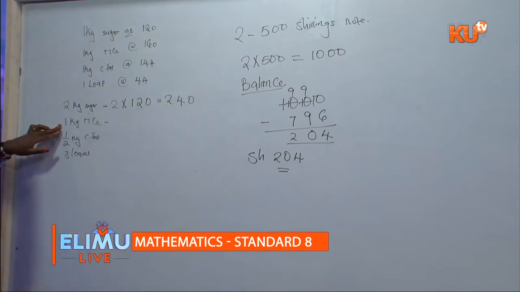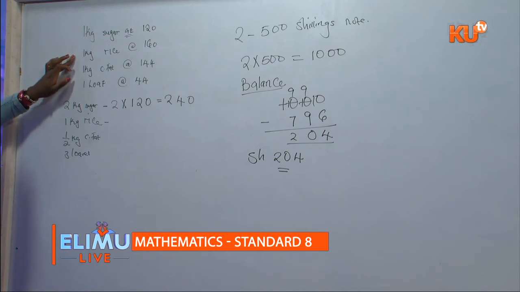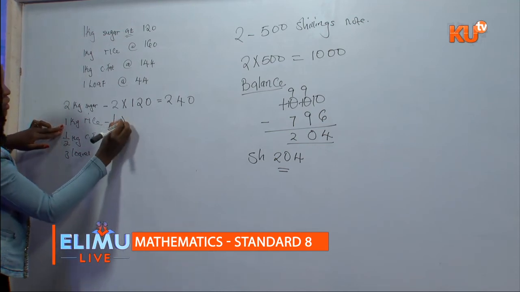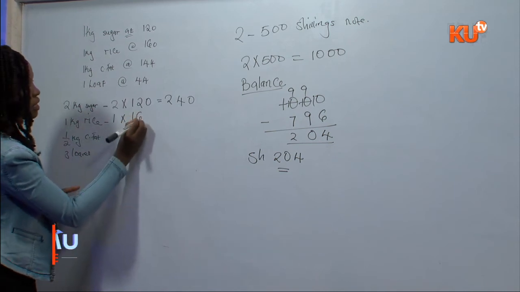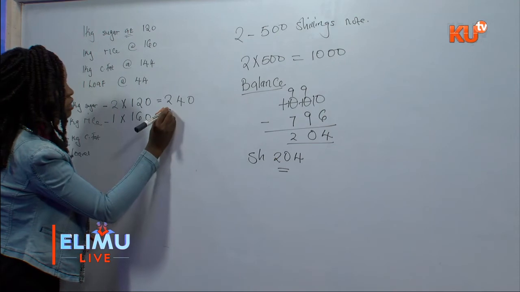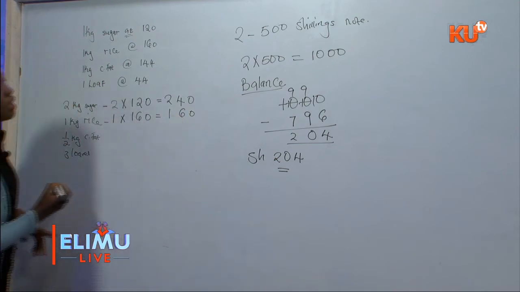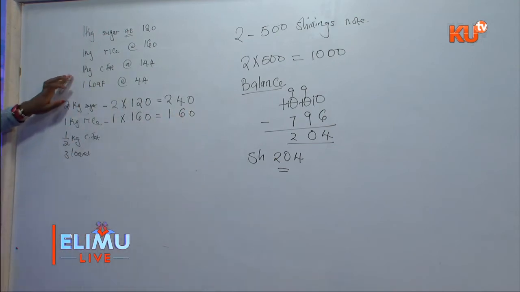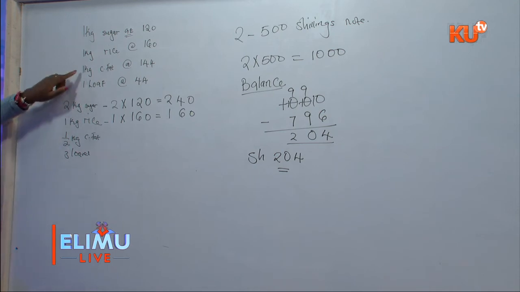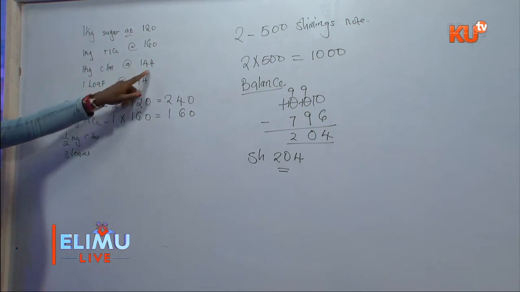Then 1 kg of rice, a kg costed 160. So the number of kgs, 1 kg times 160. 1 times 160, we get 160 shillings. Then a half kg of cooking fat, and a kg costed 144.